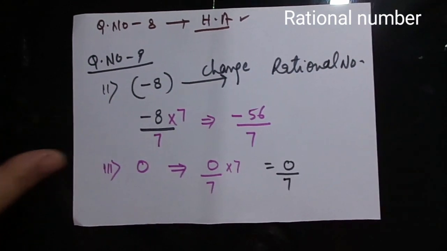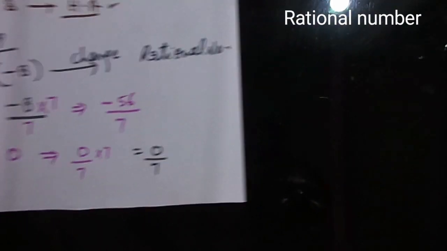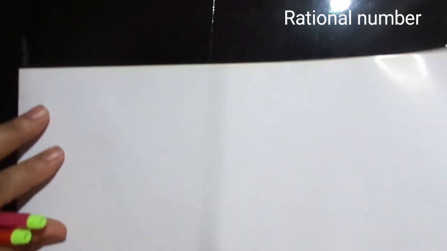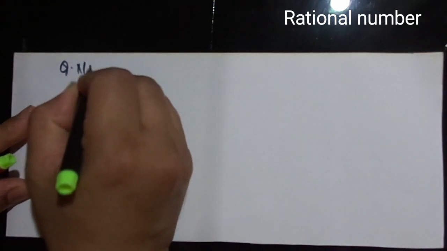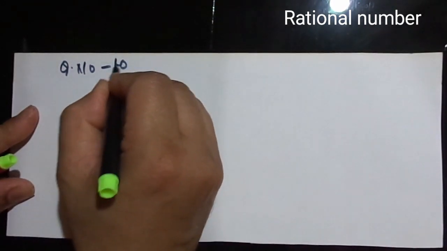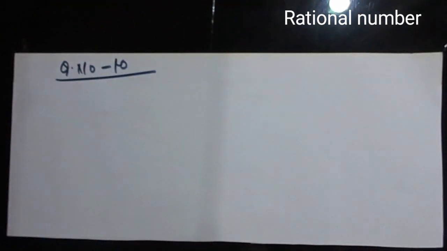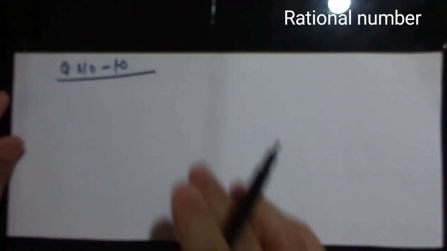Okay. Let's continue with question number 10. Question number 10 says express 3 by 5 as a rational number with denominator 20.